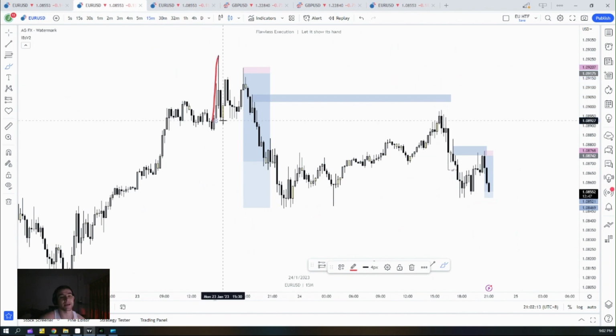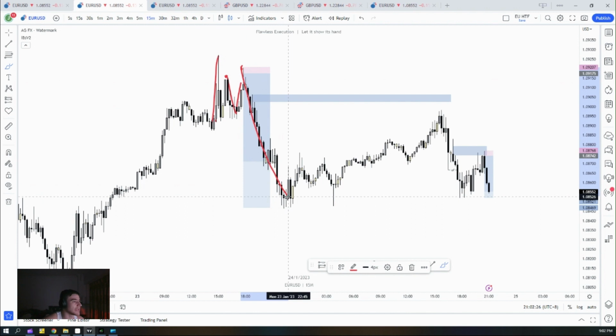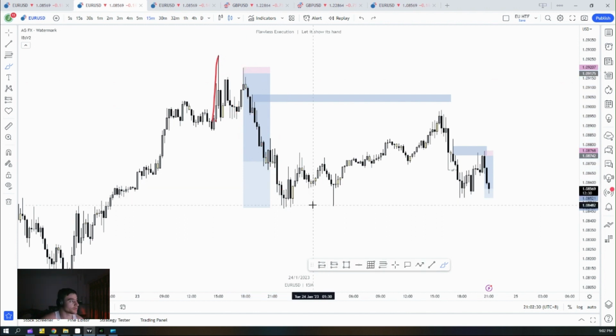So as soon as I saw that, I was skeptical that this would hold, so I decided to short. I actually took a short here and took a break even. And then I shorted again here. And obviously this one played out, and I'm still holding it now as a mid to short term swing trade. So yeah, that was the premise for this short here. I hope that makes sense.